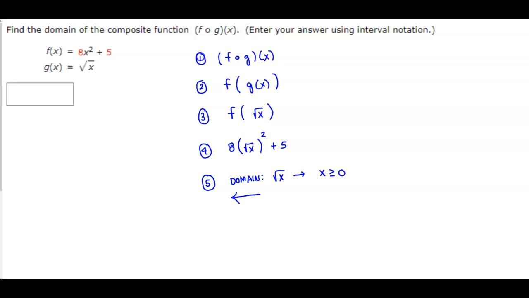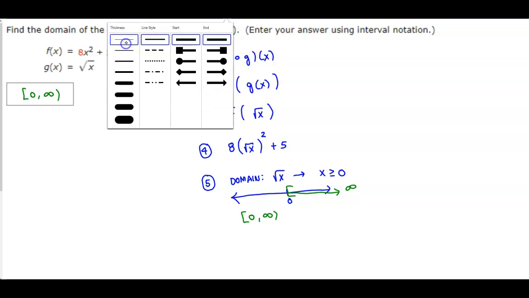So when we look at that on the number line, we have 0, and if it's greater than or equal to, we know we have a bracket going towards positive infinity. So therefore, this becomes 0 to infinity. So the domain goes from 0 to infinity.